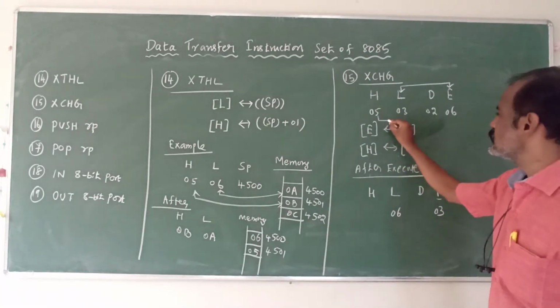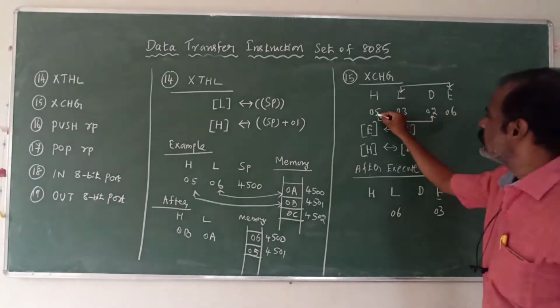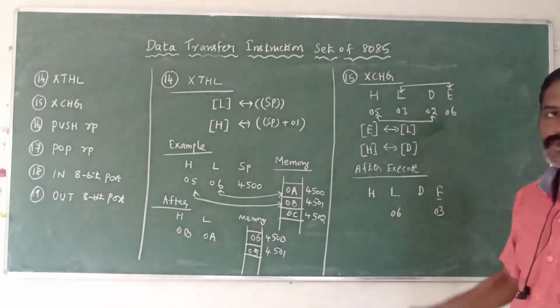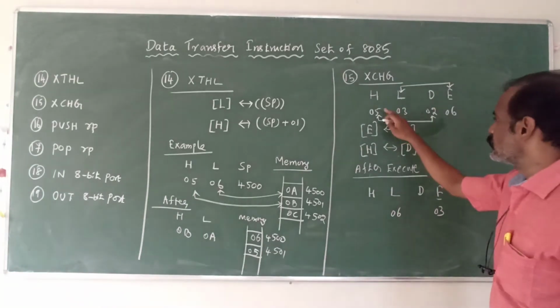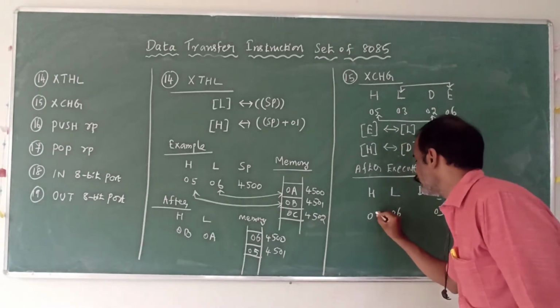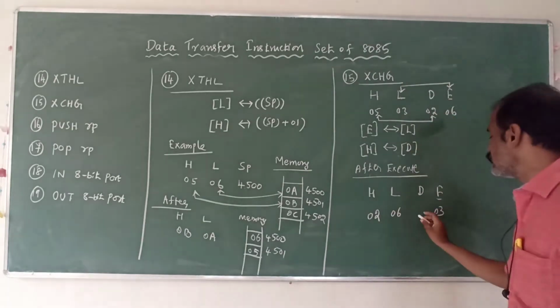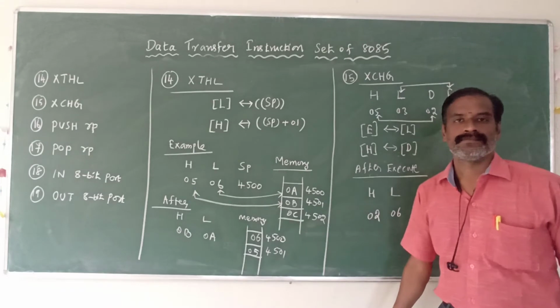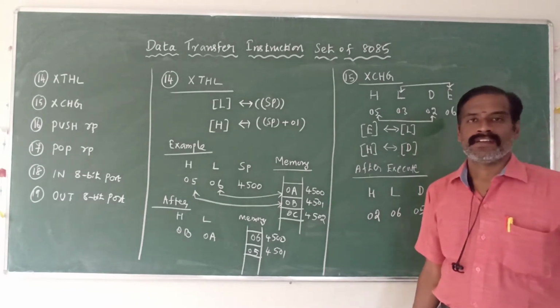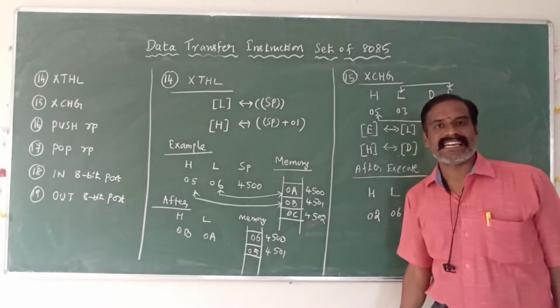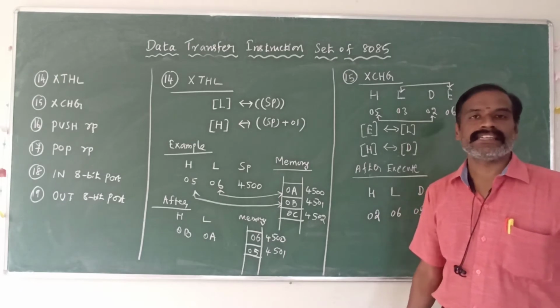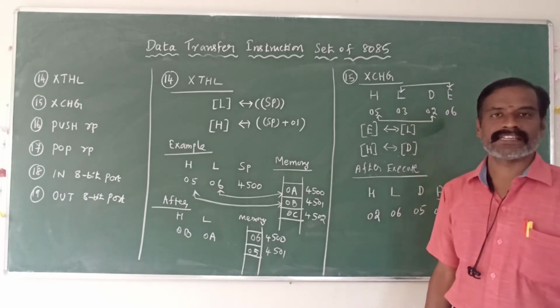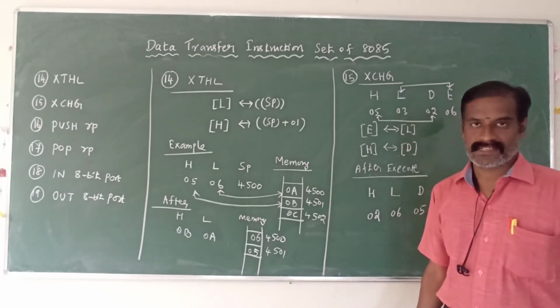Next the H register data is moved to the D register, and the D register data is moved to the H register. Now H is 02 and D register is 05. This is the operation of exchange between the HL register pair content and the DE register pair content, not some other register pair content.